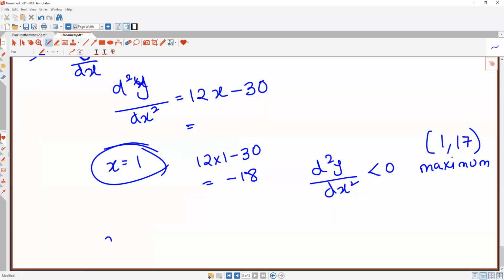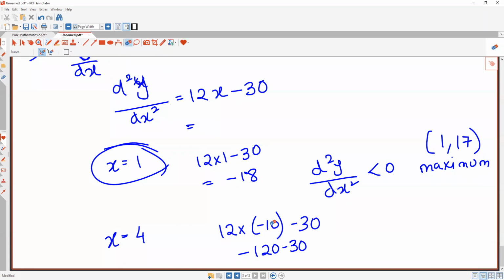Now, when x is 4, 12 into what is it? Okay, minus 30. Am I right over here, guys? No, something is wrong. Why am I taking y values here? x is 4.